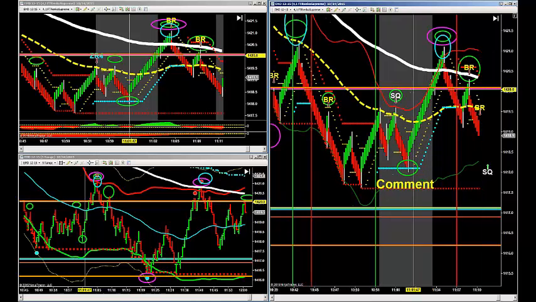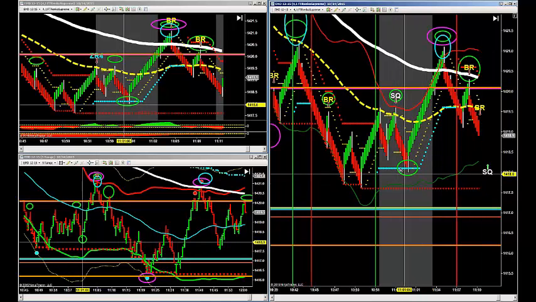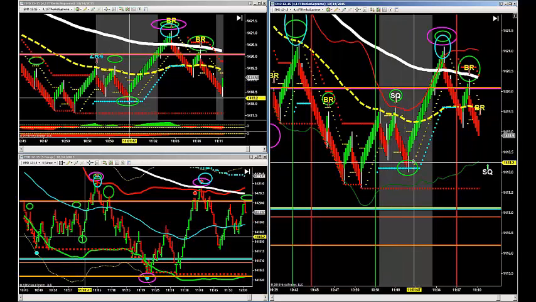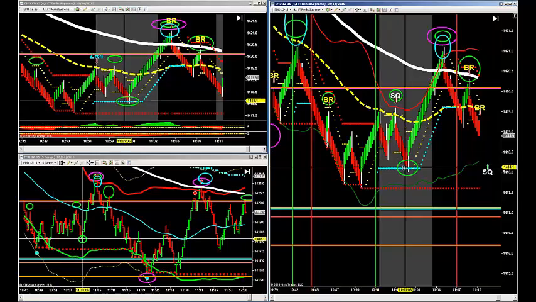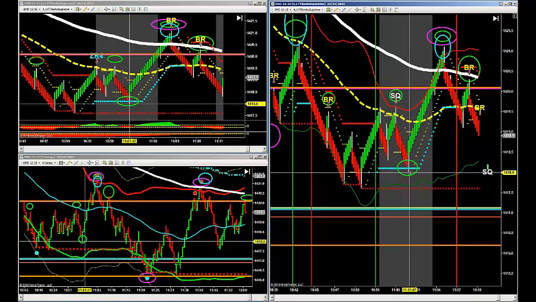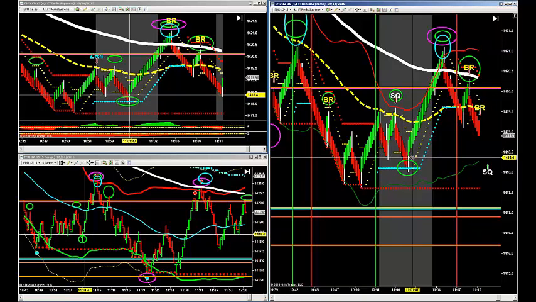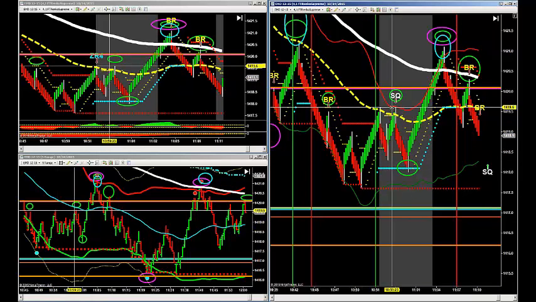I did want to make a comment right here. And that is, I did filter out the BR signals on this right-hand screen on this trending model. Had I not filtered them, you'd see a BR signal right here. But just something to keep in mind when you're in a squeeze like this and it has made some movement. In other words, it came down, it went up, it came back down.